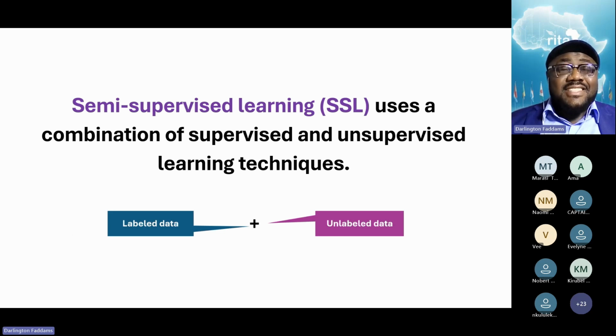Semi-supervised learning, or SSL, uses a combination of supervised and unsupervised learning techniques to achieve the training data sets. It uses both techniques.